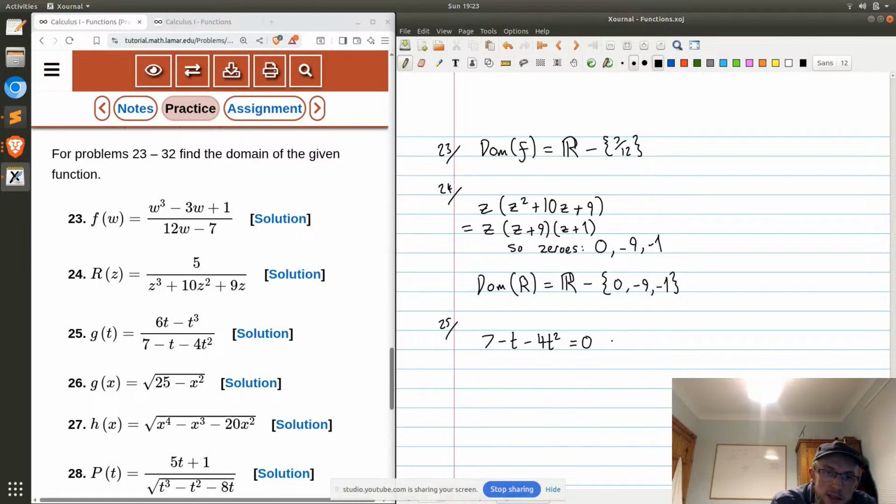Just equate it to 0 and then complete the square. Or use the quadratic formula, whichever you like. So personally, I want to do it this way.